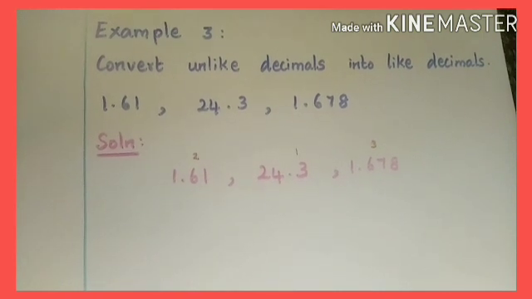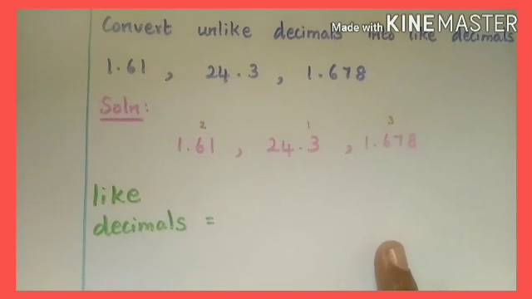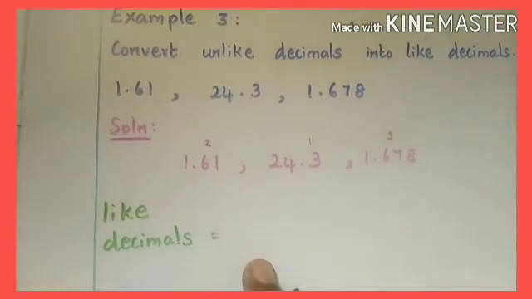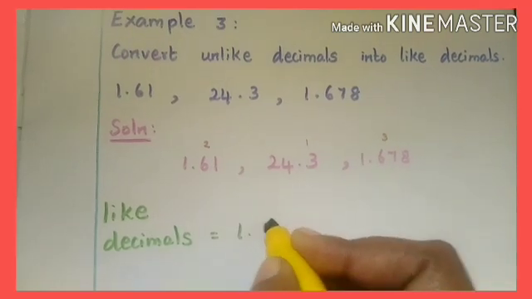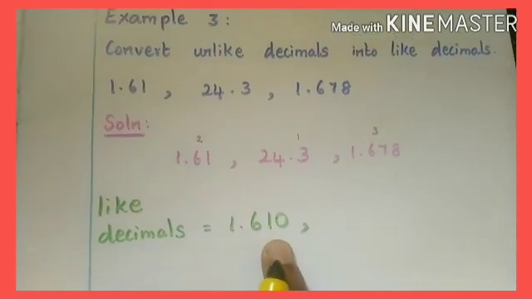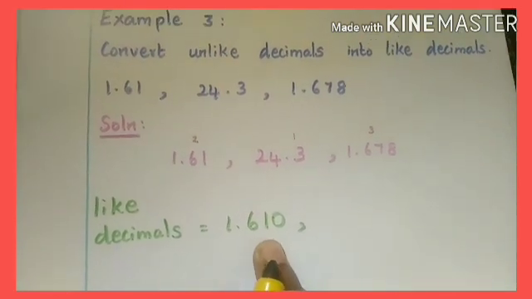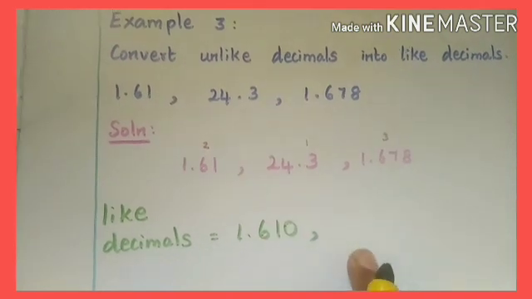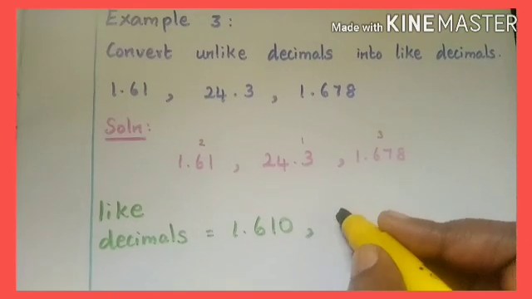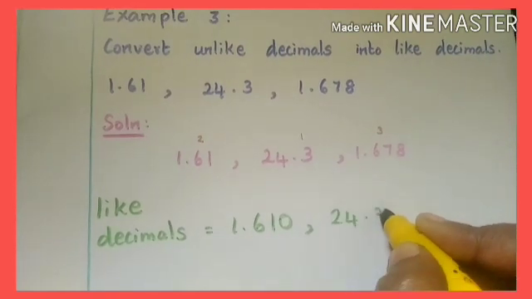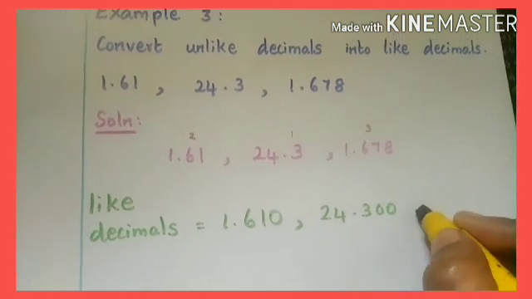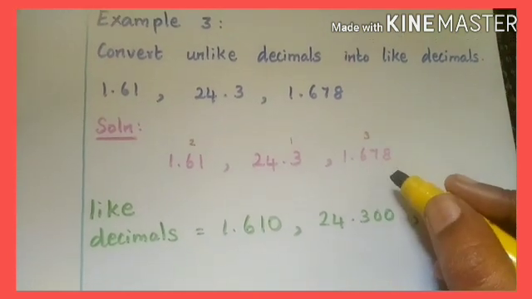Let's convert. 1 and 61 hundredths can be written as 1 and 610 thousandths. Here the number of decimal places is 3. We already know that when we add 0 in the decimal part, the value does not change. 24 and 3 tenths can be written as 24 and 300 thousandths.